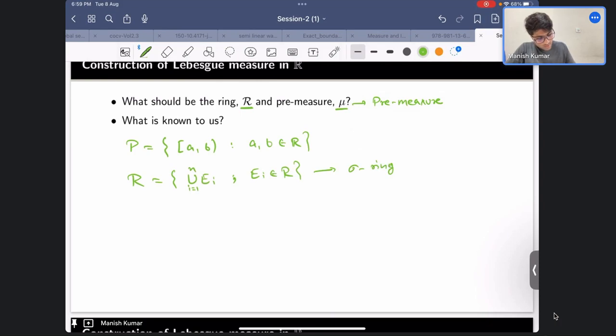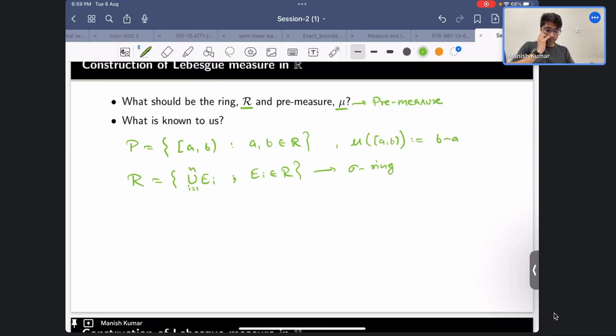And now the question is, here we know that we can define a measure. So mu of the interval (a, b] is b minus a. This is the definition.